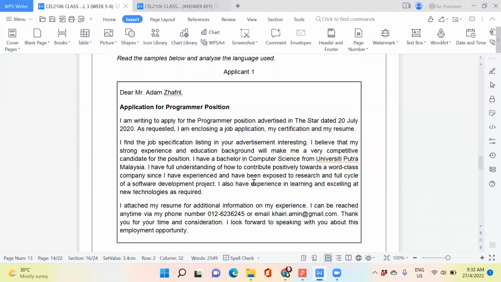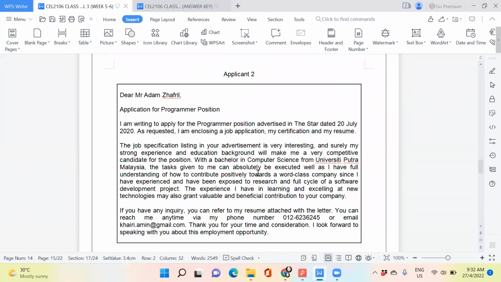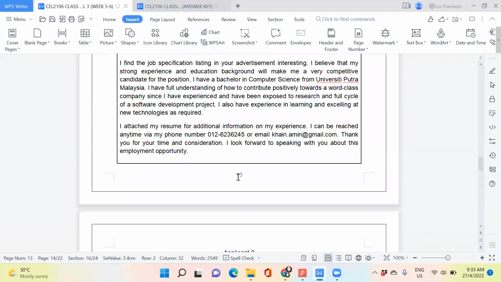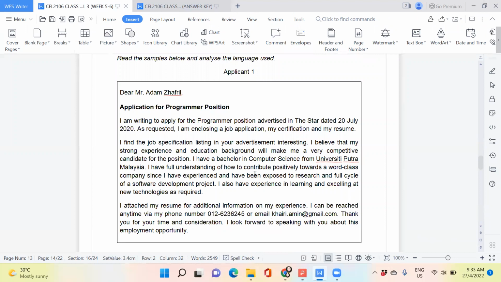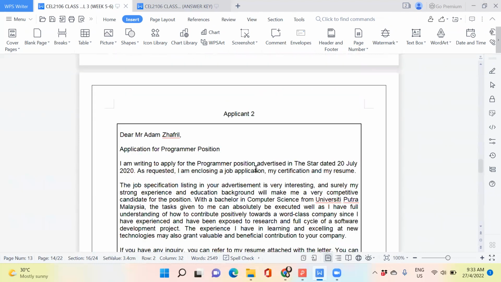Based on the letters that you see here from applicant 1 and applicant 2, if you are from the hiring committee, which one would you accept? Yang mana? This one or this one?